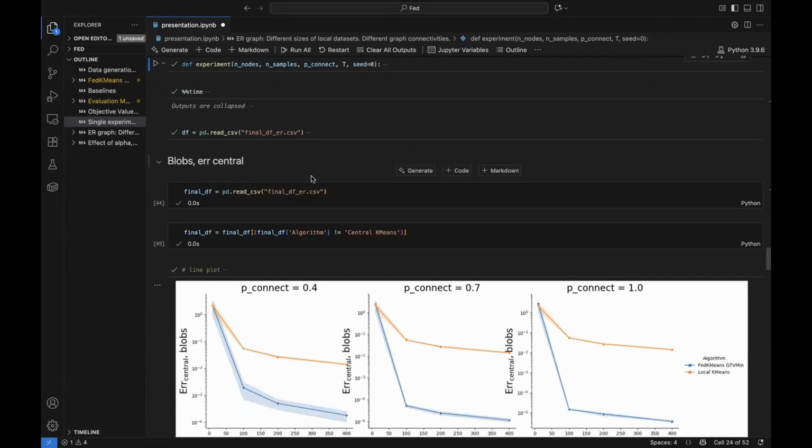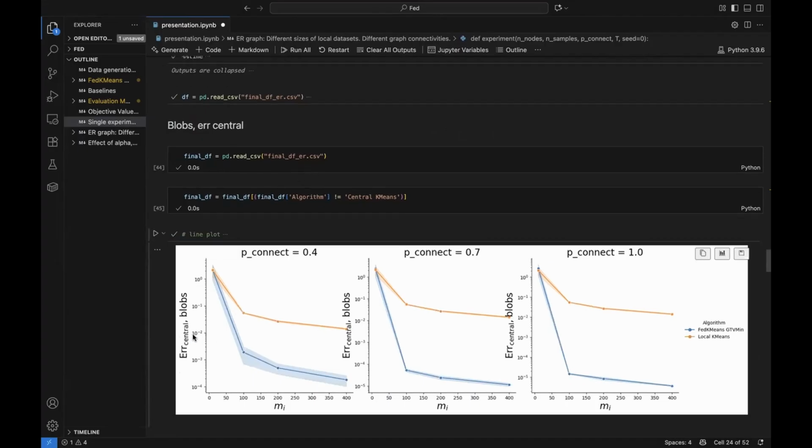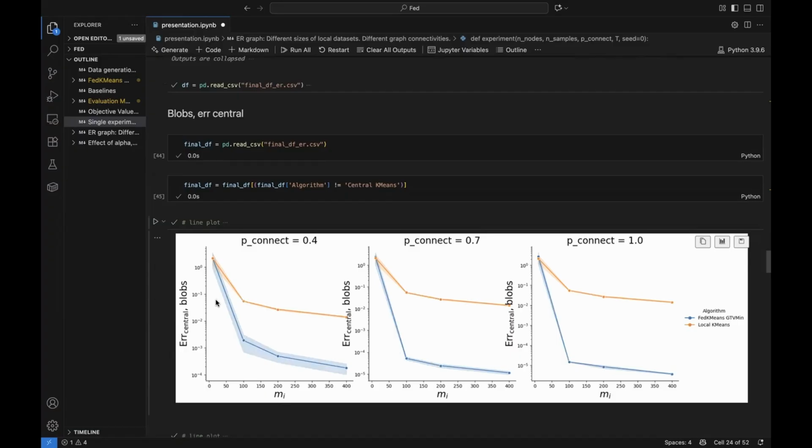So for the cluster blobs, these are the results in terms of central error, so the difference between the clusters from the GTV k-means and the central federated k-means as baseline. And as you can see, with the increasing of P connectivity and local dataset size, the central error decreases, which means the performance improves.